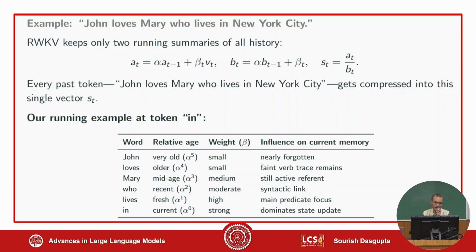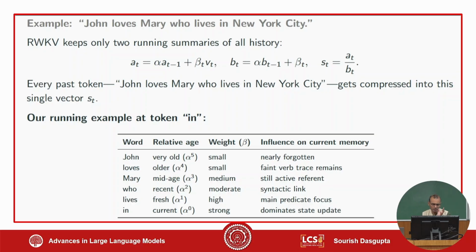So basically every past token of this sentence, let's say "John loves Mary who lives in New York City", gets compressed into this single vector s_t. At every time step all the past tokens are getting compressed into that particular state.